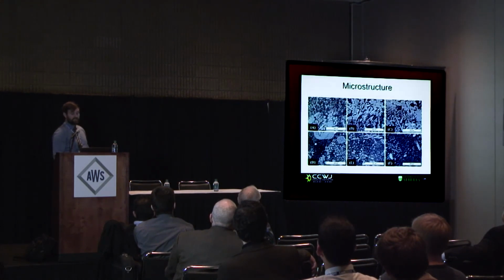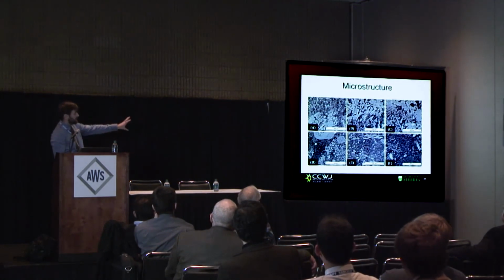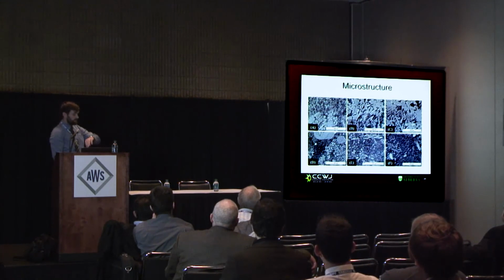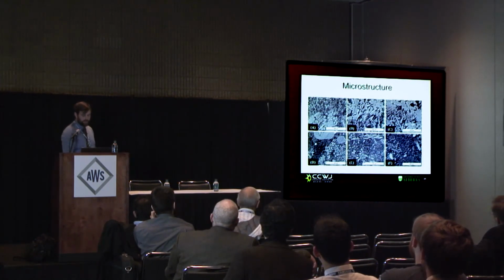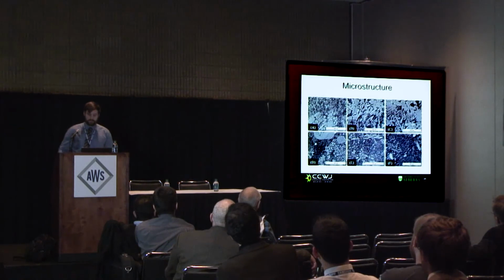It's a little hard to see in there, but here's some of the microstructure zoomed in a little bit so you can get a better idea. And you can just see how apparent the difference is in the actual microstructure between the different samples.